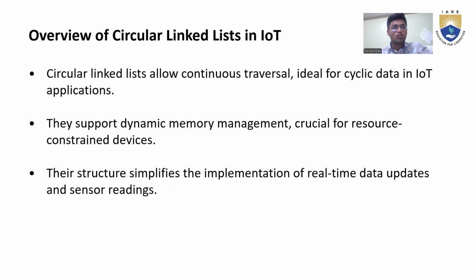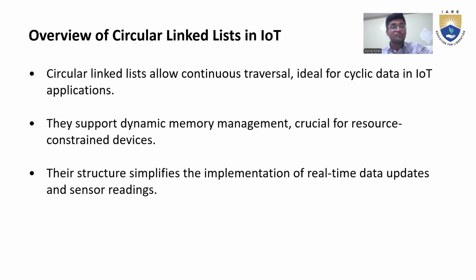And now we can see an overview of circular linked list in IoT. Circular linked list allows continuous traversal and is ideal for cyclic data in IoT applications. This is one application we can see in cyclic data. They support dynamic memory management and are crucial for resource-constrained devices.